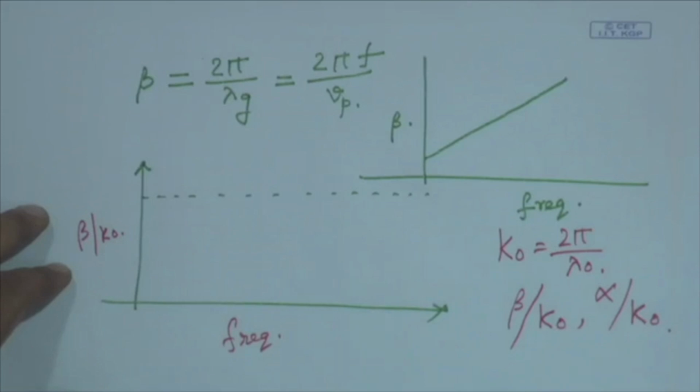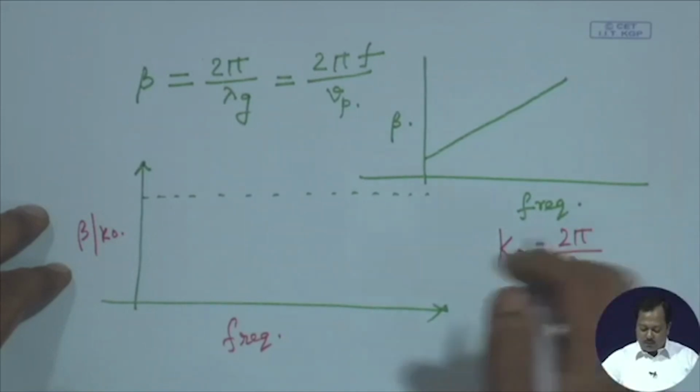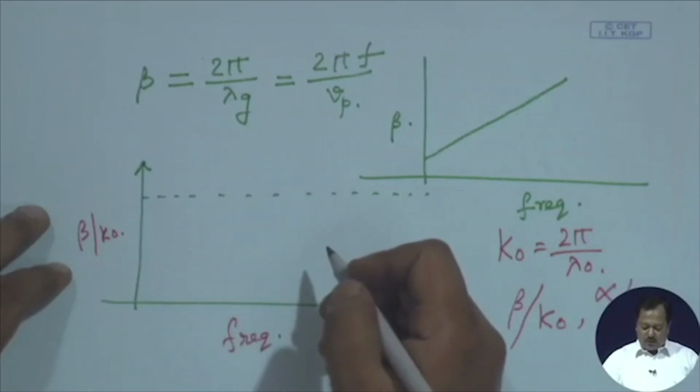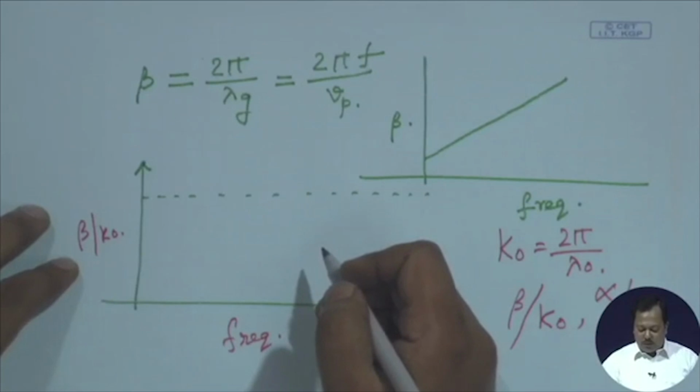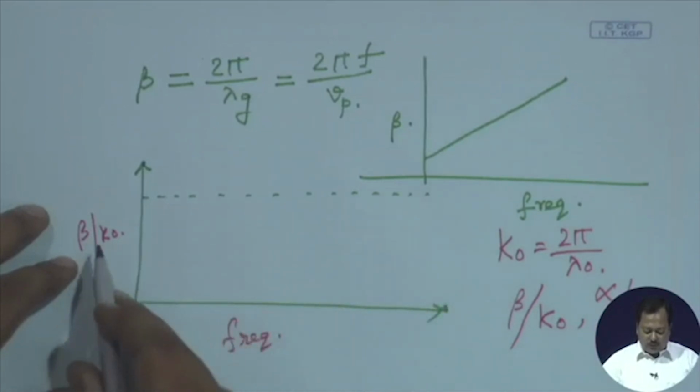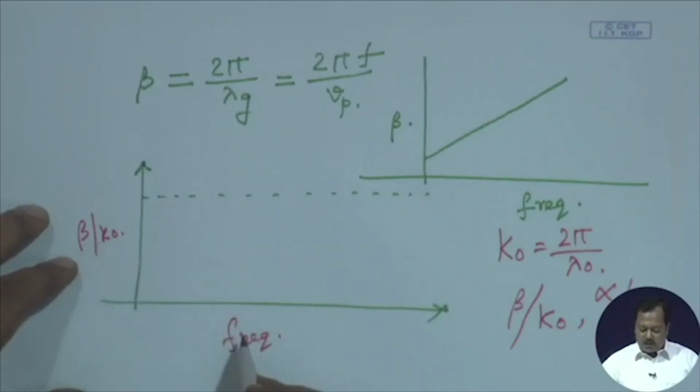So, already we know what is fast wave, what is slow wave. Let us say we have a rectangular waveguide filled with dielectric material, and for that we are plotting beta by k naught versus frequency.